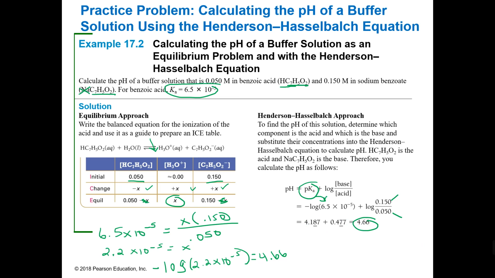You just have to remember it's the concentration of the base over the acid. It doesn't matter if your buffer is an acidic buffer or a basic buffer. It's always the base over the acid, unlike where normal K is products over reactants. You're going to see that becomes important when we talk about a basic buffer.